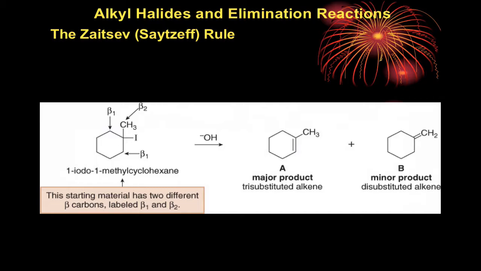Okay, so with a really small base, this may be 90 to 10, but if we use something like DBU or DBN, maybe it would go down to 70-30. Okay, because the bigger the base gets, the less likely it is to abstract a hydrogen from a more substituted carbon just because of steric hindrance. Okay, so one has to pay attention to that.